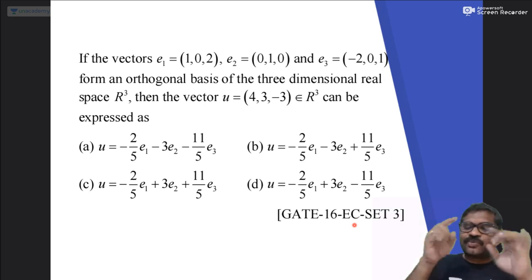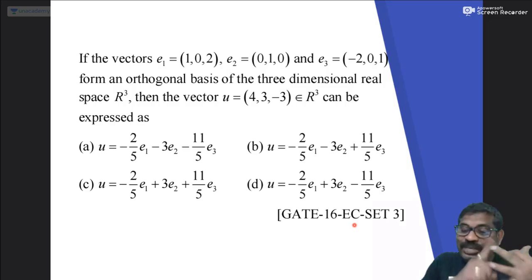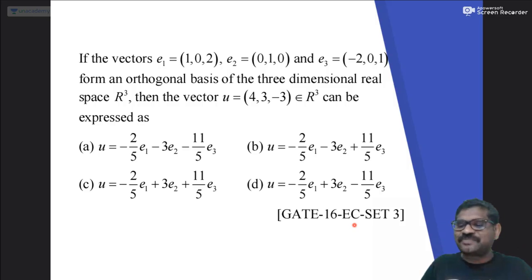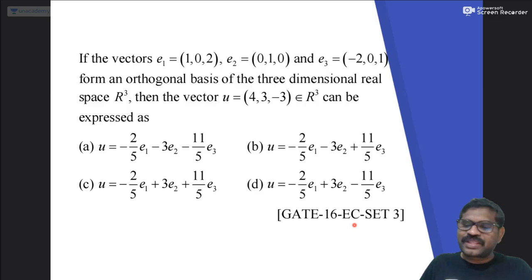So R cube, one 3-dimensional space. For that 3-dimensional space, E1, E2, E3 are members of the basis. Please understand the question. B is the basis consisting of E1, E2, E3. That basis is basis of a 3-dimensional vector space.